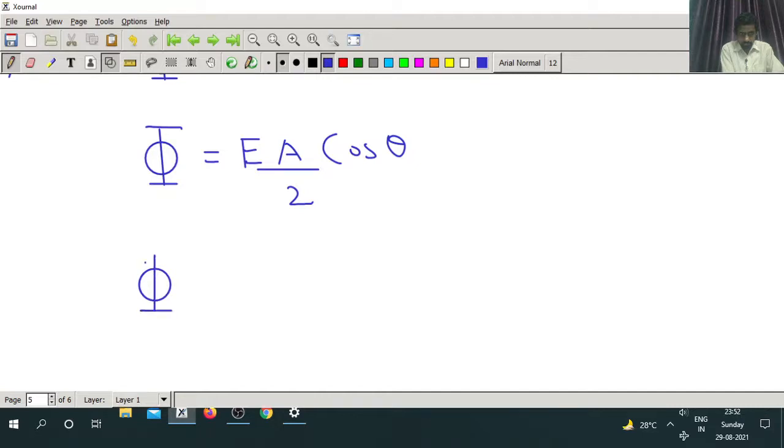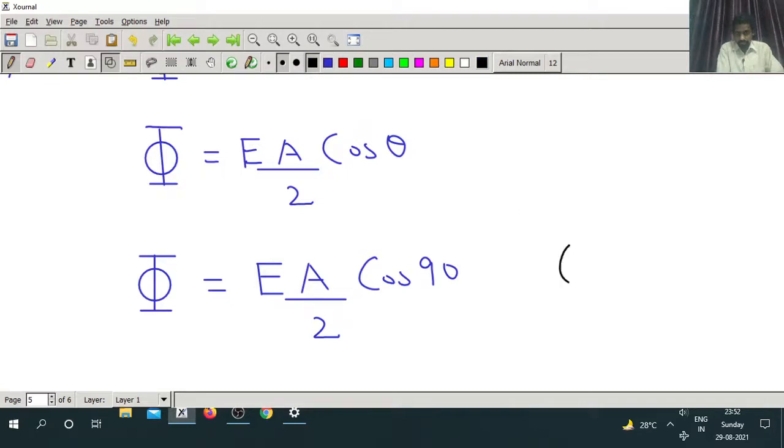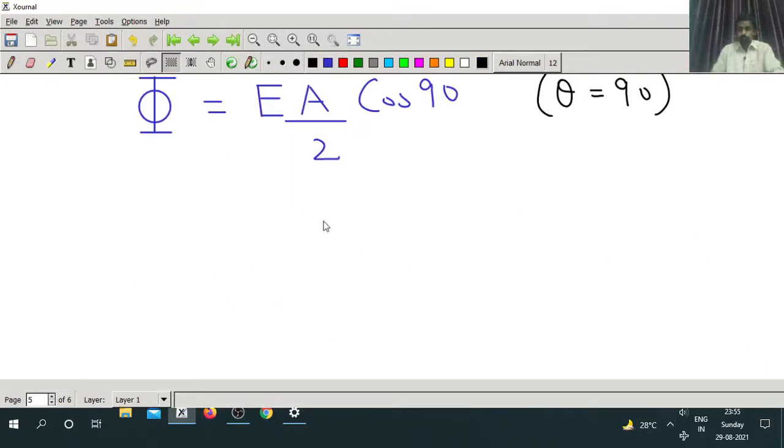I will write the equation: flux is equal to E into A by 2 into cos 90, because theta is 90. So cos 90 is 0, and the flux passing through the planar area will be 0.